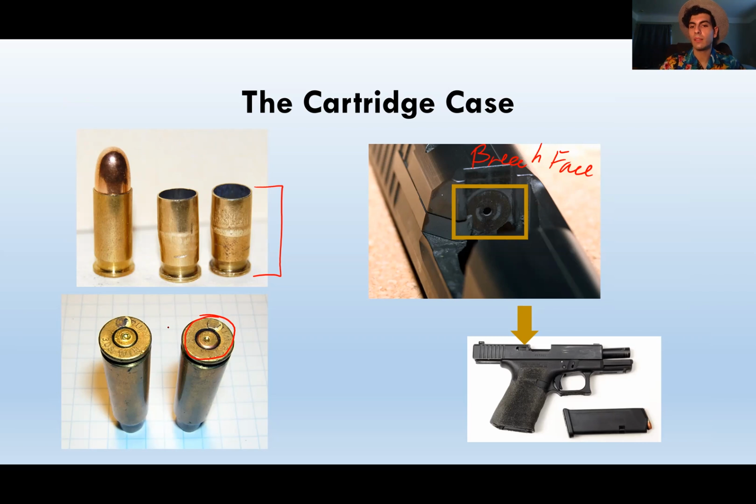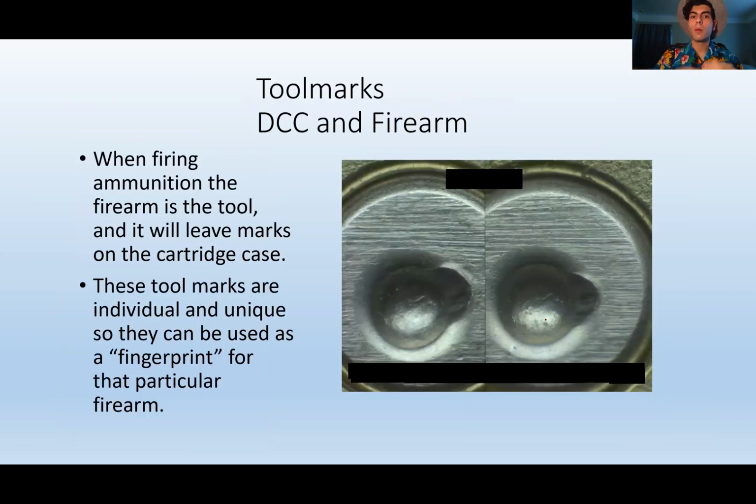And what's happening is this cartridge case slaps upon the breech face. And remember, an impression is where there is just simple pressure, just one-sided pressure, not a scratching motion like with striations. So when that cartridge case hits the breech face, we're going to have breech face impressions. Now, what is a breech face impression?